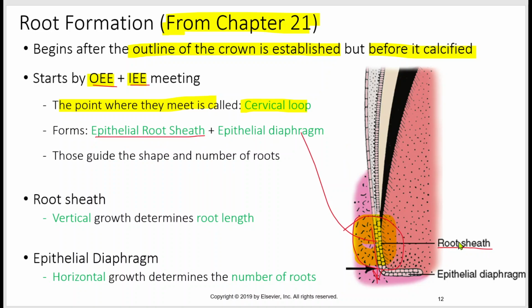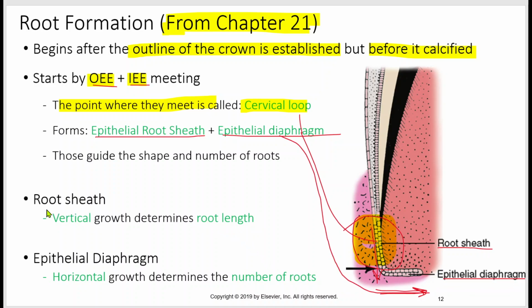The outer enamel and inner enamel also start moving horizontally and inwards, and that will make the epithelial diaphragm. This line should go all the way here. This movement horizontally makes the epithelial diaphragm.